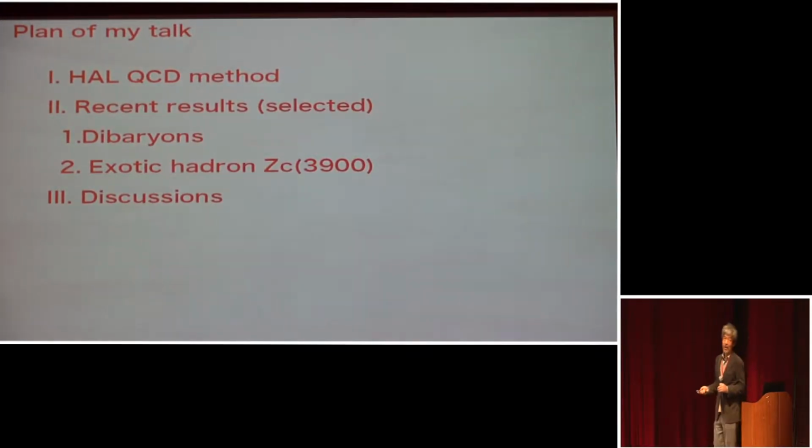This is the plan of my talk. I first explain our strategy in more detail and give some recent results, selected ones. The first one is the dibaryon, and the second one is an exotic state candidate, the Zc(3900), and then give some summary.